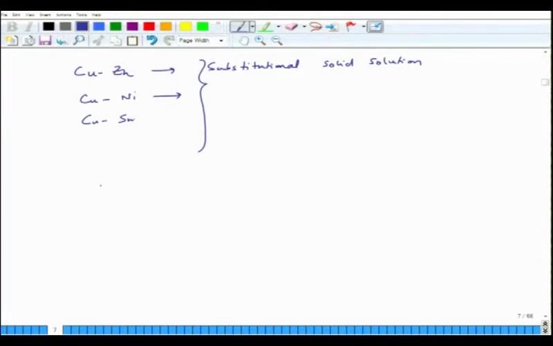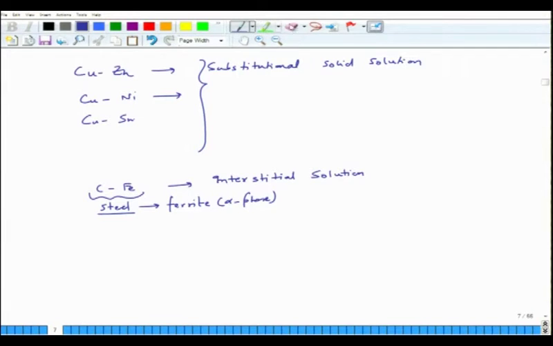For interstitial solid solutions, carbon in iron is an interstitial solid solution. This is a very famous example of a metallic alloy, basically steel. Steel has a ferrite phase, which is alpha ferrite, alpha phase, or rather let me call it alpha iron.